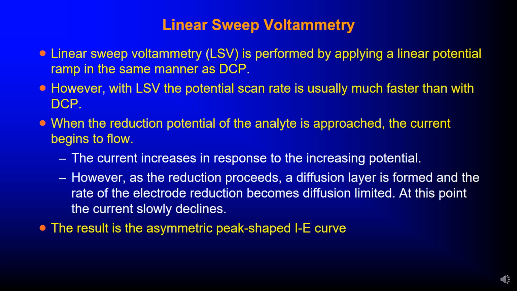So the current increases in response to the increasing potential. However, as the reduction proceeds, a diffusion layer is formed, and the rate of electron reduction becomes diffusion limited. At this point, the current slowly declines. So the result is the asymmetric peak-shaped curve.